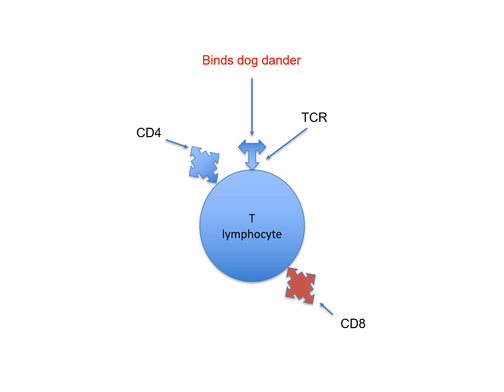In the classroom, I use an example of a catcher's mitt, a glove. So the T lymphocyte has a T cell receptor or a glove that will bind specifically to dog dander. Also on the surface of the T lymphocyte, you have CD4 and CD8, cluster of differentiation 4 and number 8.